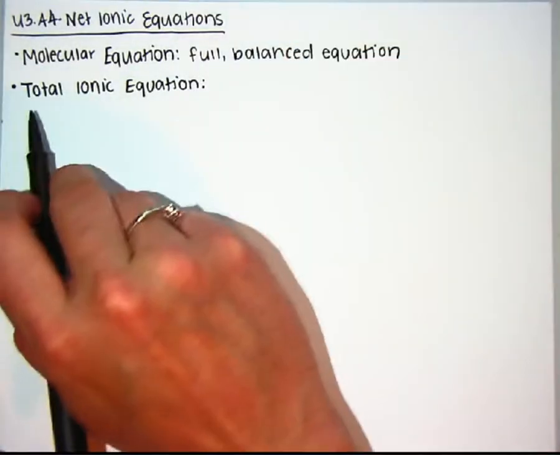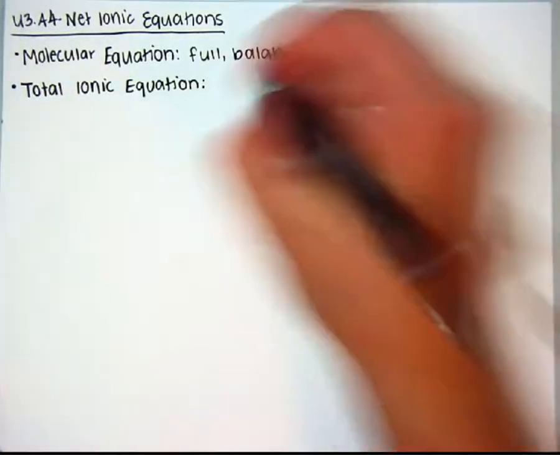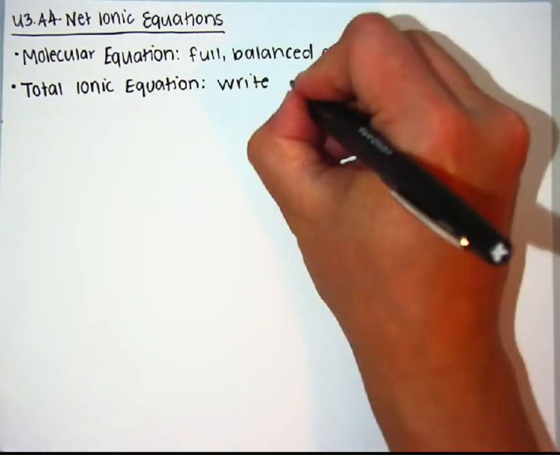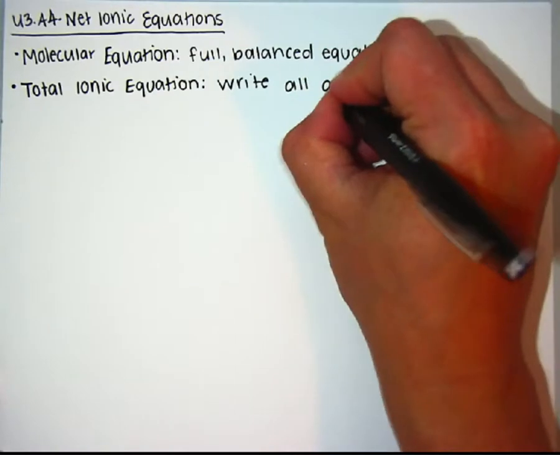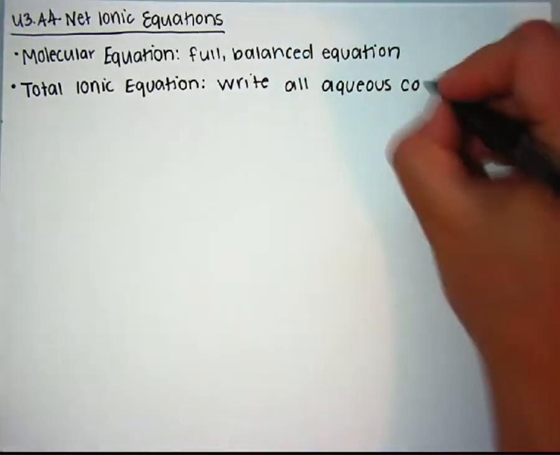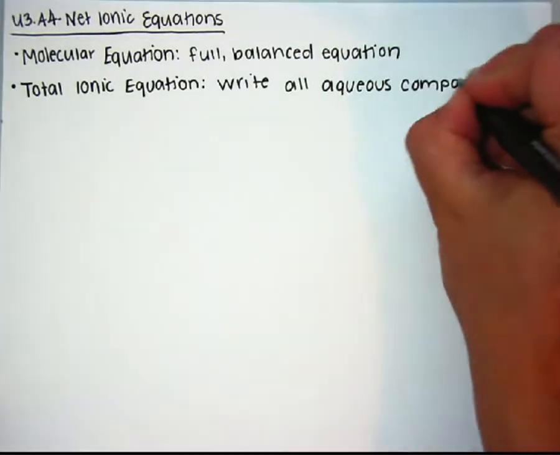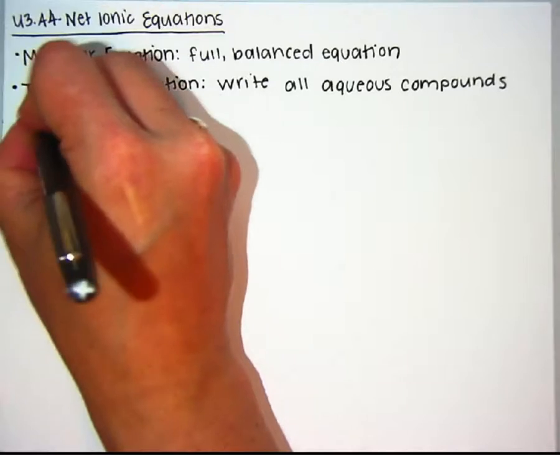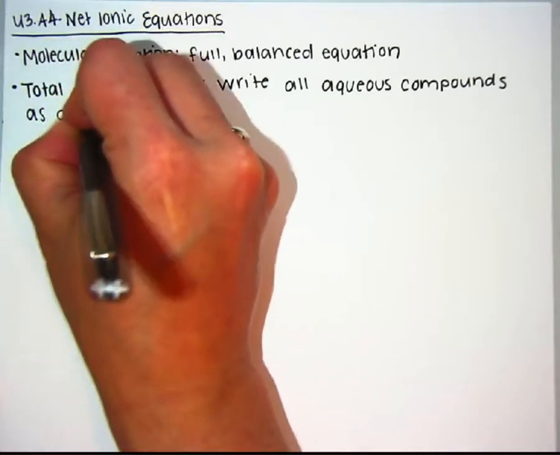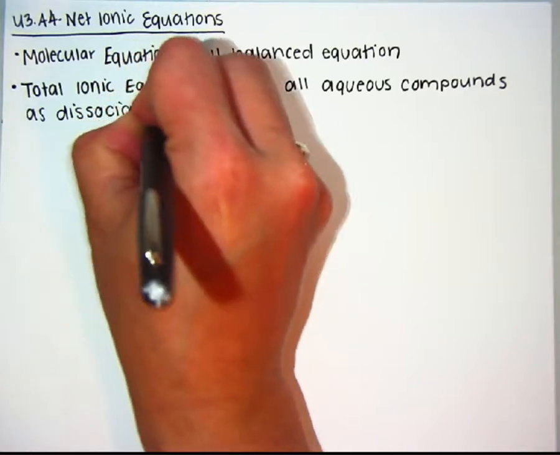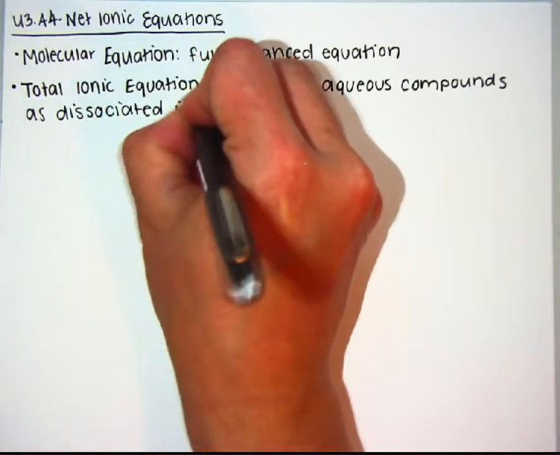When we go from molecular to total ionic, we are going to write all aqueous compounds as dissociated ions.